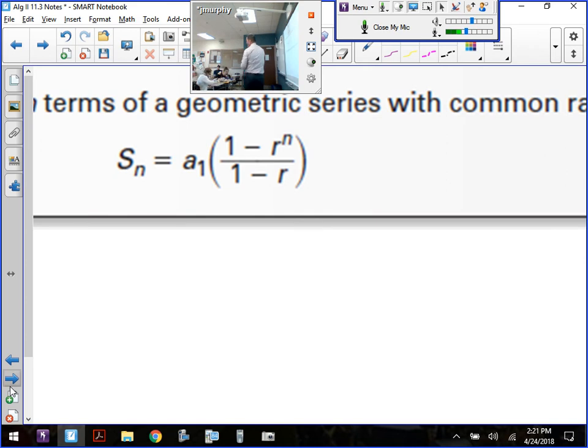Unlike the arithmetic one, where we always had to write out the rule for the nth term, you don't need to do that with geometric. Geometric is a little bit easier to use when you're talking about the series.